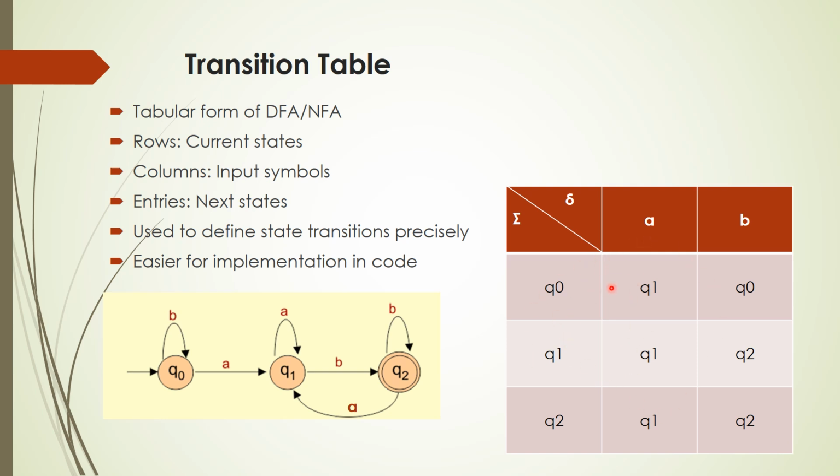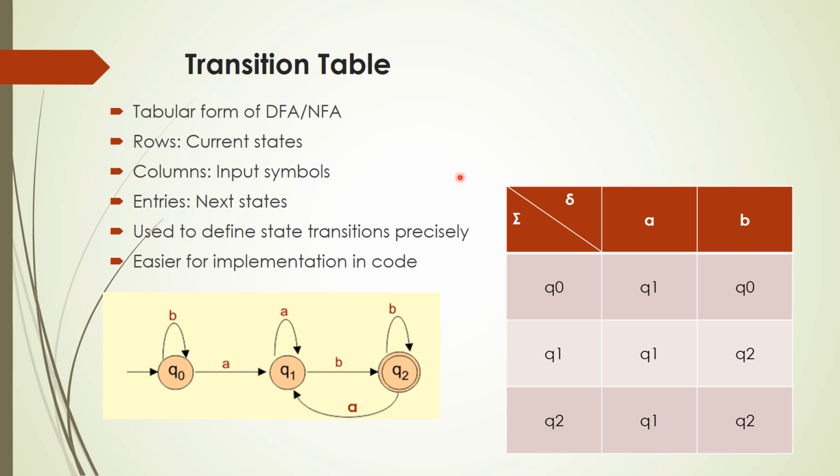You can see in the rows there are the current states, and in the columns there are the input symbols, A and B. As you can see in the diagram, Q0, Q1 and Q2 are the states mentioned in the rows, and input symbols A and B are mentioned in the columns. A transition table is used to define state transitions precisely, and it is also useful while implementing the code, as it makes implementation easier.